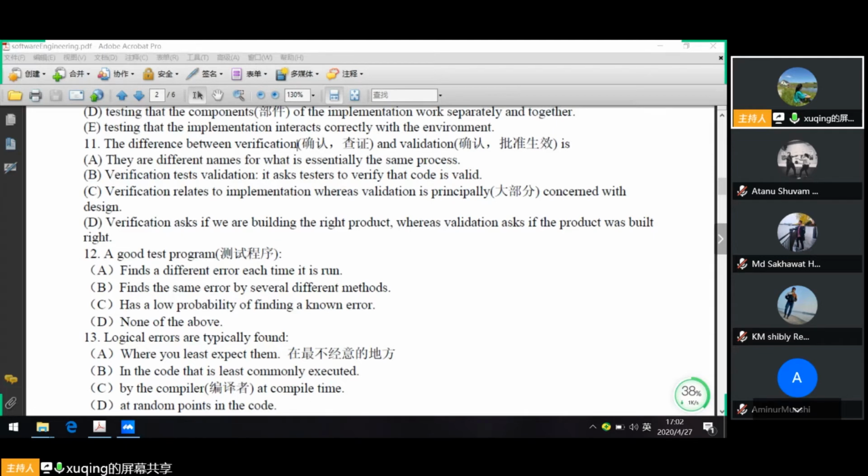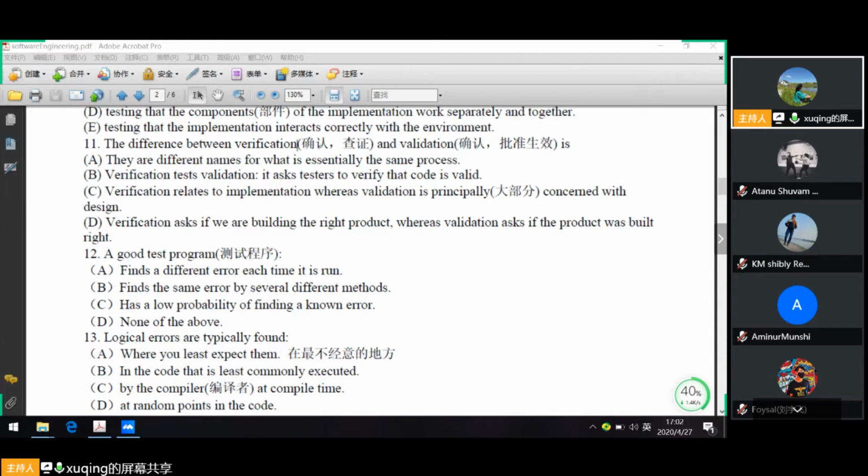And for verification, we ask, are we building the product right? So here you see the difference between verification and validation. There are different names for what is essentially the same process. Obviously, it is wrong.